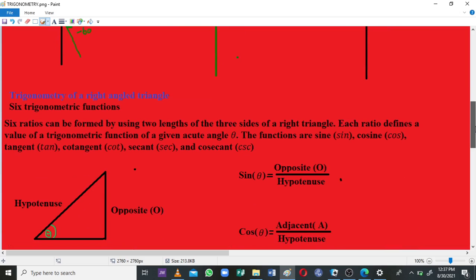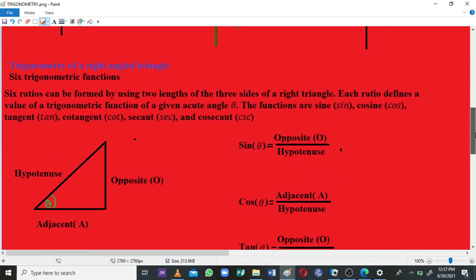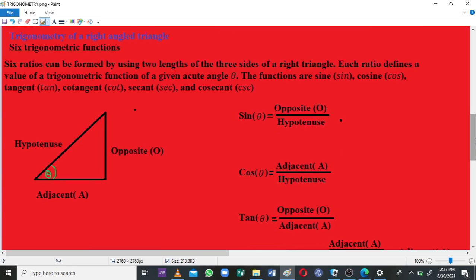We can look at trigonometry in a right-angled triangle. What we usually talk about when we look at a right-angled triangle is the 6 trigonometric functions, or ratios, as others prefer to call them.